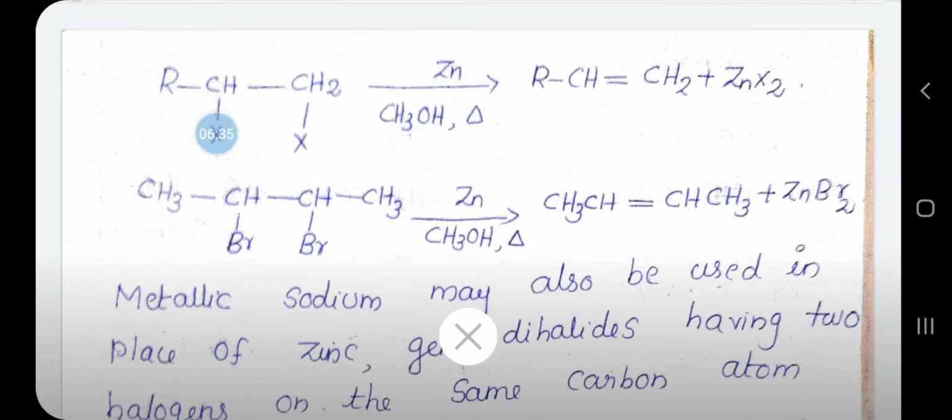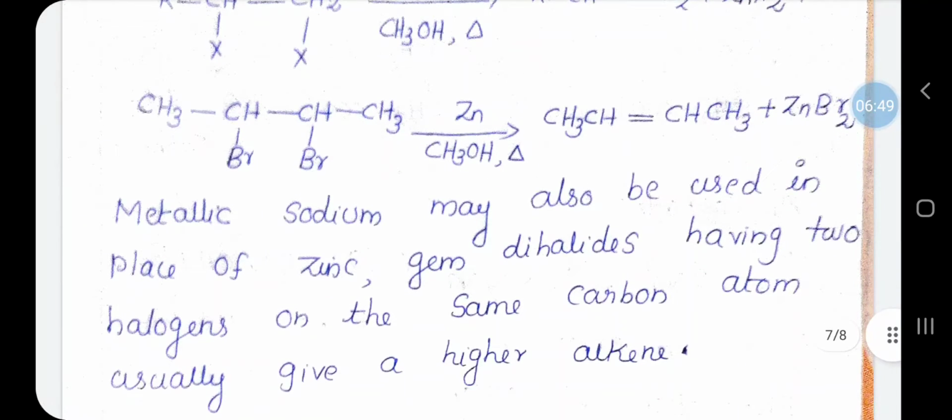So when a vicinal dihalide is treated with zinc, alcohol and heating, these two halogen atoms will be eliminated as zinc halide, and the corresponding alkene will be produced.